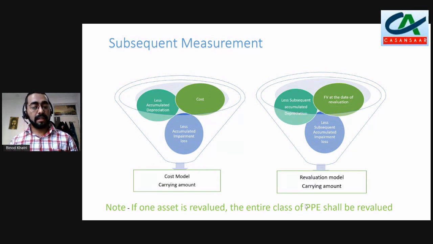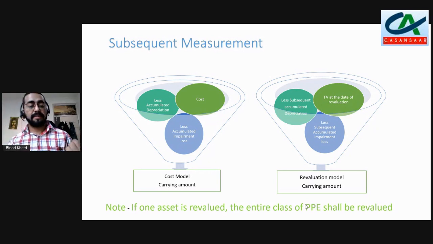And one more very important thing: under the revaluation model, if we are revaluing one asset under a class, we need to revalue the entire class of PPE. For example, we have 10 buildings capitalized, and we want to revalue one building because its market price is very high and we want to recognize that asset at fair value.